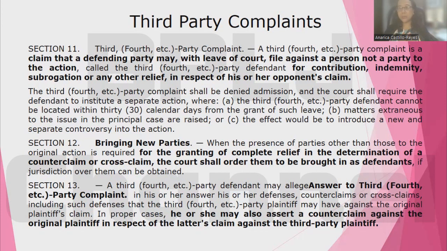You ask permission from the court. Why? Because you are bringing in a person who is not a party to the action. Okay, why are you bringing him in? Because you have a claim against him. So the defendant now becomes a plaintiff relative to the third-party defendant.